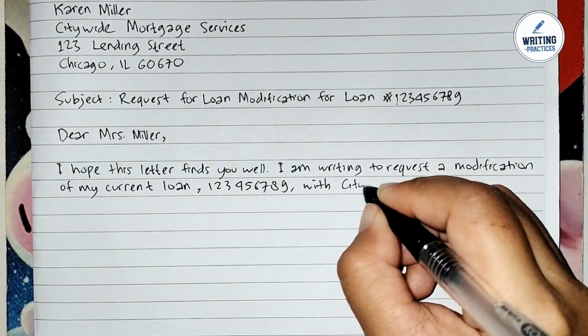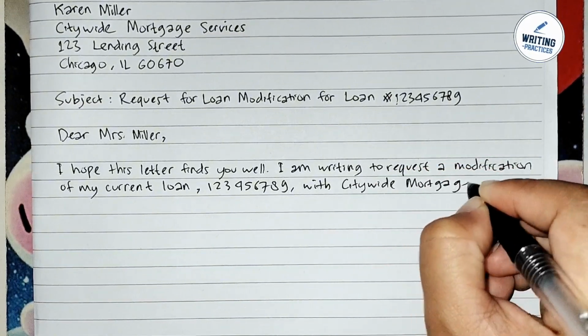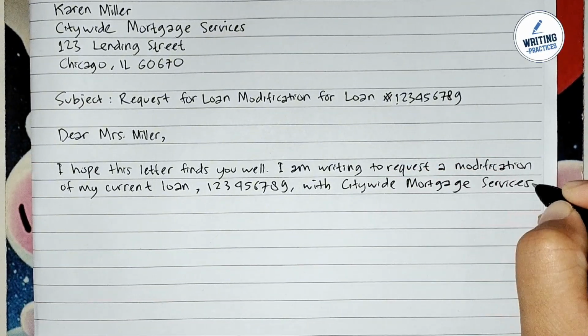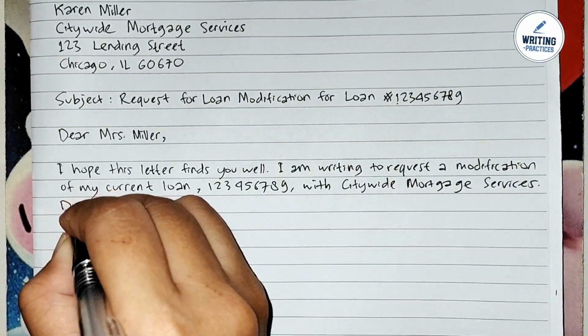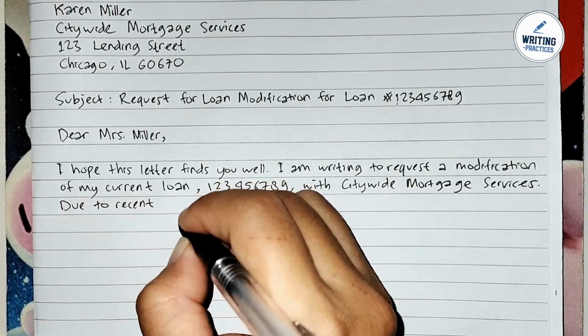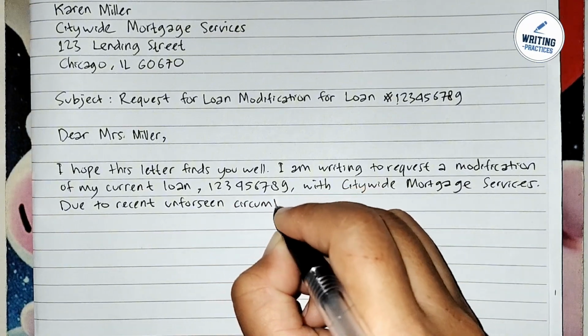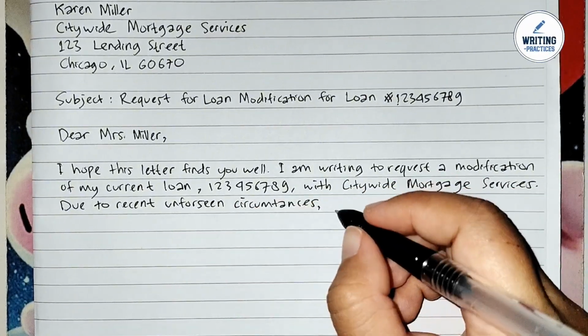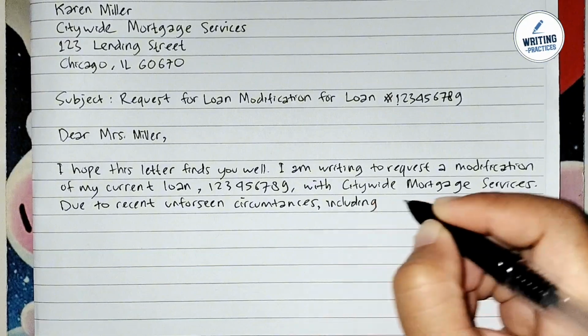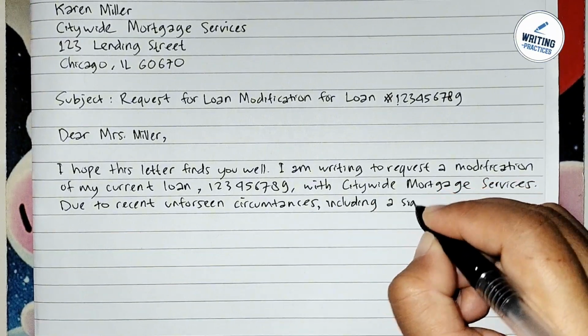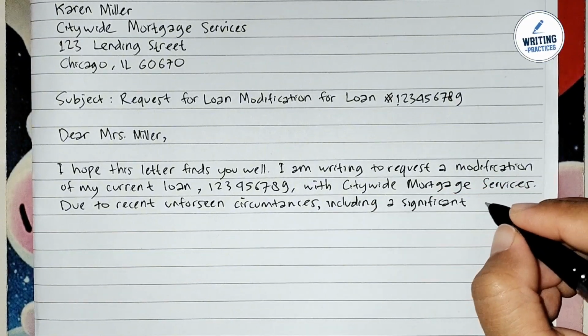It means you must mention the specific loan number for which the modification is being requested. And here is the example how you write it. I am writing to request a modification of my current loan, 123456789, with Citywide Mortgage Services.